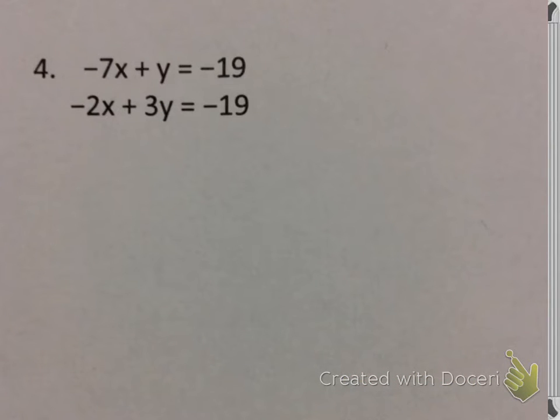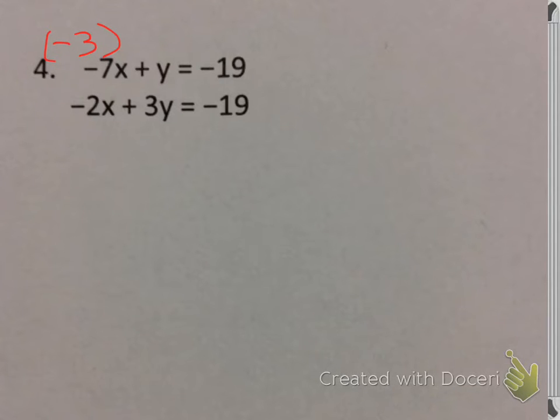All right, number 4, again, set up for the elimination method, meaning add straight down after I multiply through by a number. I kind of like the way the y's are looking. So if this is a 3y, I need this one up here to be a negative 3y. So I'm going to multiply the top through by a negative 3, and I'm just going to rewrite that equation down below.